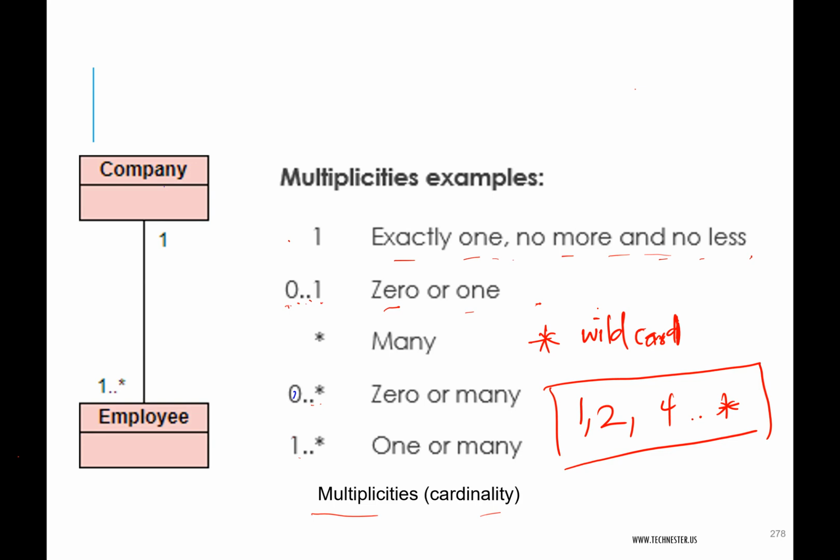Okay. What about 3? So 3 has been removed because we started with 1, 2, 4, and after 4 it extends to the wildcard, which is many. So what does that mean? If you say 3 has been removed, what does that mean? Okay. So the wildcard started from 4. Yes.